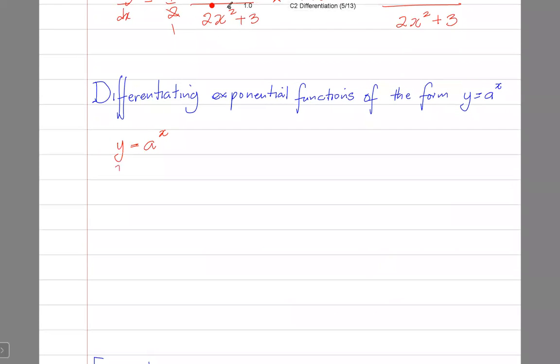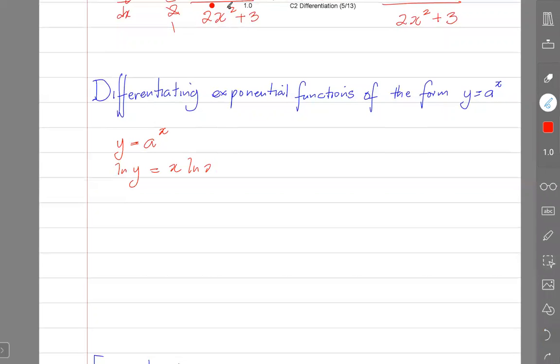So I'm going to have ln y is equal to x ln a. What I want you to tell me is if you're okay with what I just did. Yes, sir. All I did was take ln of the right-hand side, and now the power would have been x, so I just simply push the x to the front.